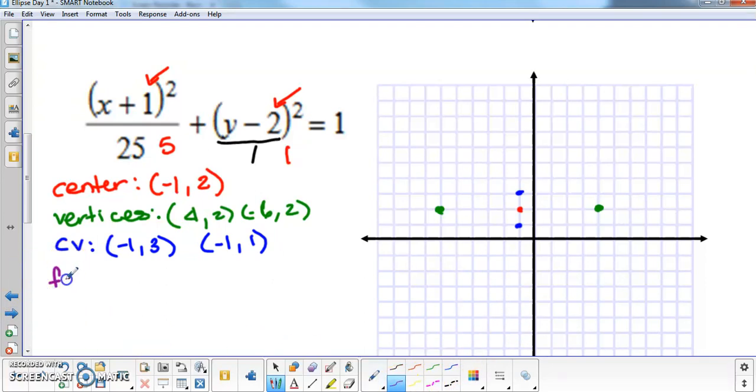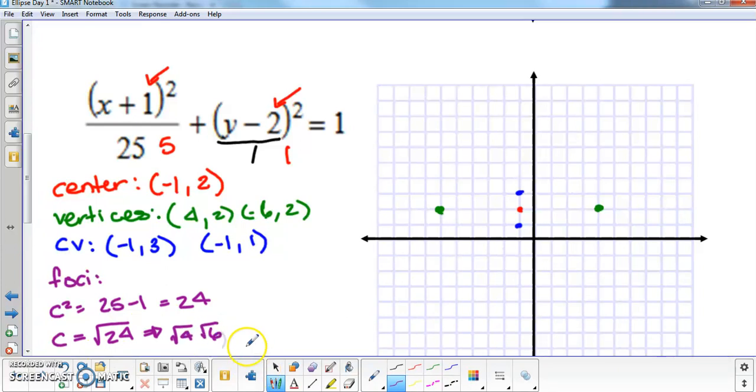Okay. Now to find my foci, I've got to do c squared, which is 25 minus 1, which is 24. So c equals the square root of 24. Can I reduce it? Yes. 24 is evenly divisible by 4. So square root 4, square root 6.